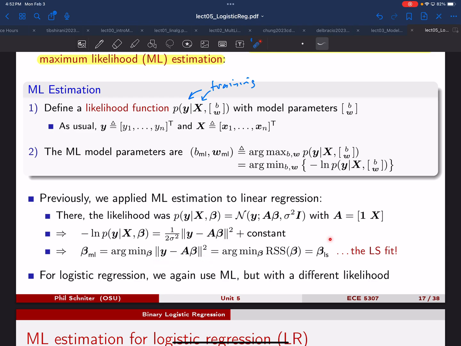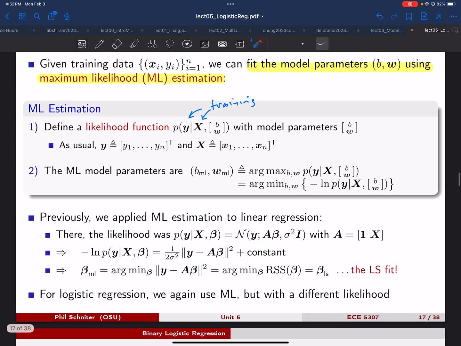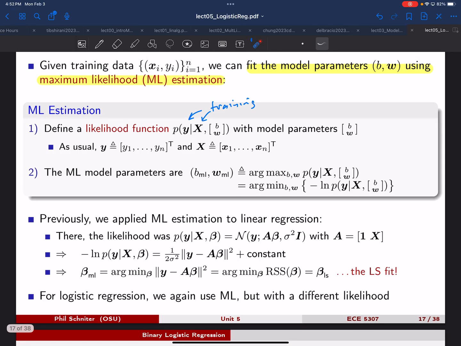So that is why minimizing RSS is maximum likelihood for this problem, linear regression with Gaussian noise. So we're going to do exactly the same thing now for logistic regression, but what changes is we have a different model. We have that logistic model instead of this Gaussian model. Is that making sense? Any questions on ML at a high level?